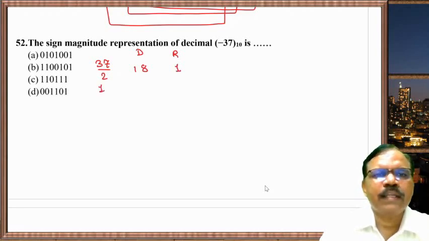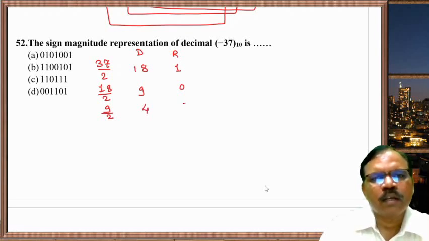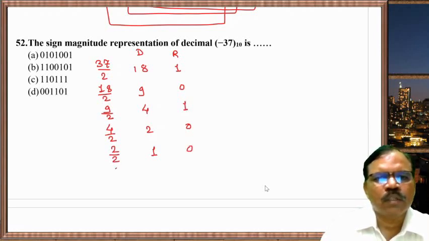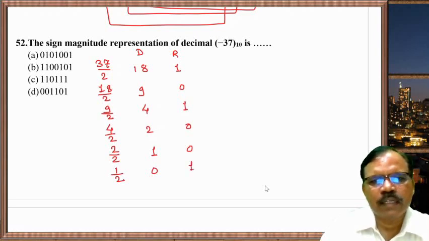Now 18 divided by 2, division is 9, remainder is 0. 9 by 2, division is 4, remainder is 1. Then 4 by 2, division is 2, remainder is 0. 2 by 2, division is 1, remainder is 0. Then 1 by 2, division is 0, remainder is 1.